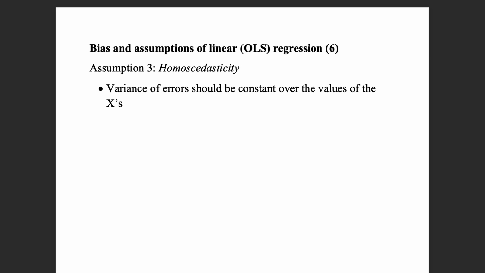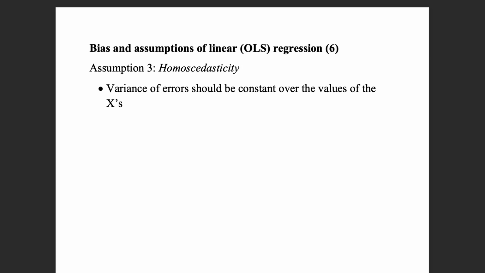If you think about the variation of the errors around our regression prediction, so think back to these pictures of how spread out the individual data points are around our regression line, then that variation should be roughly constant no matter where we are on the x-axis, no matter where we are looking with our independent variable.